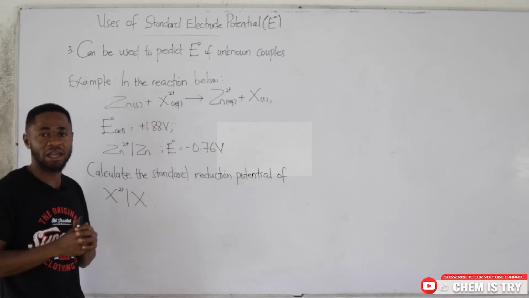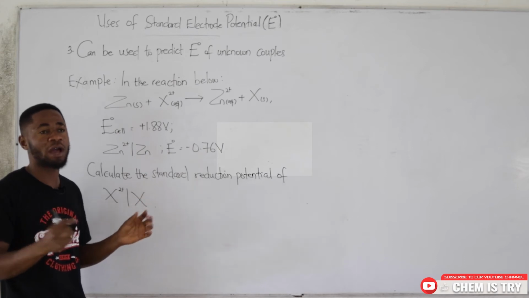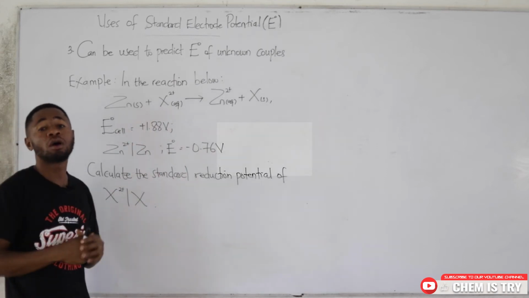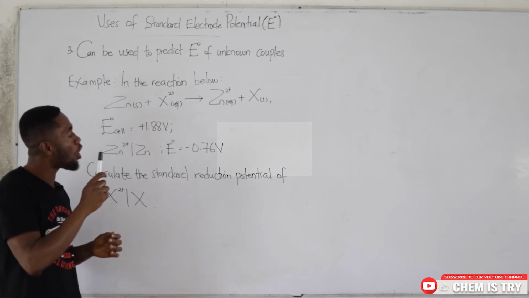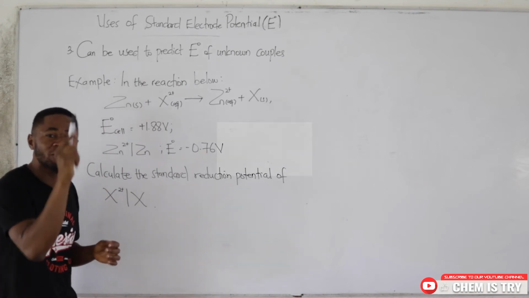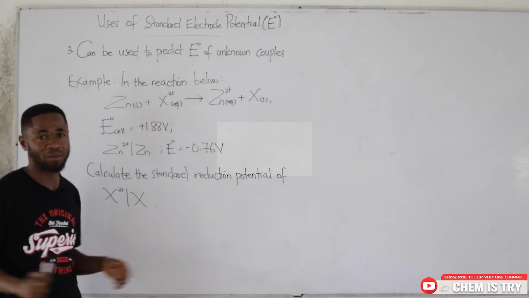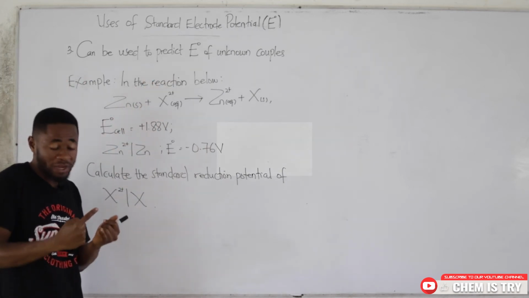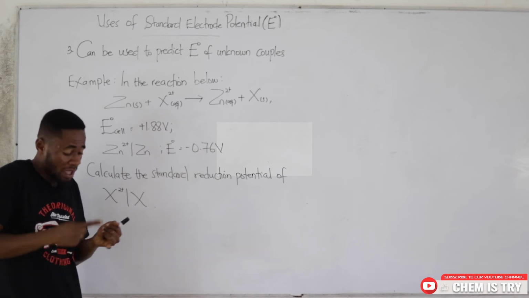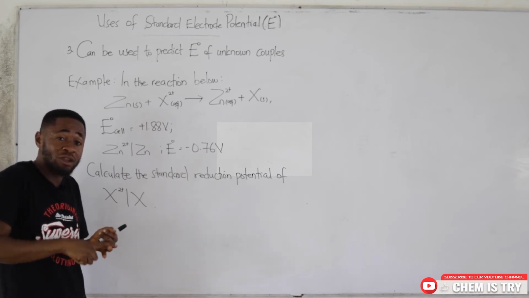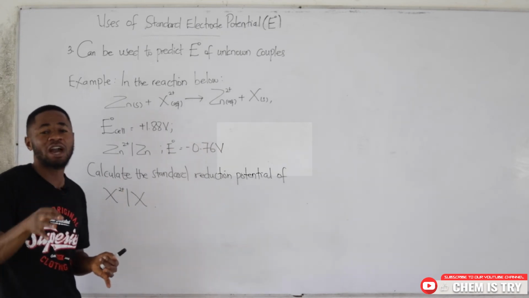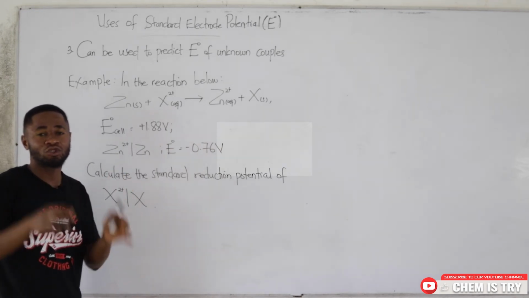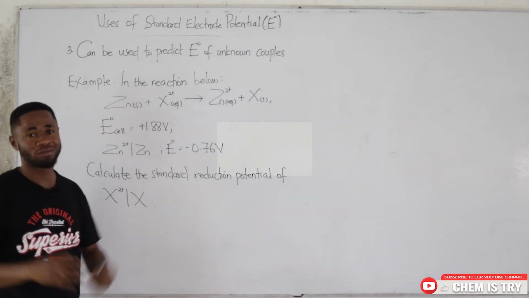After connecting those two compartments together, we would record a total EMF of that whole setup. Then, with the knowledge of that total EMF and the standard electrode potential of the element which we already know, we can calculate the standard electrode potential of the unknown.